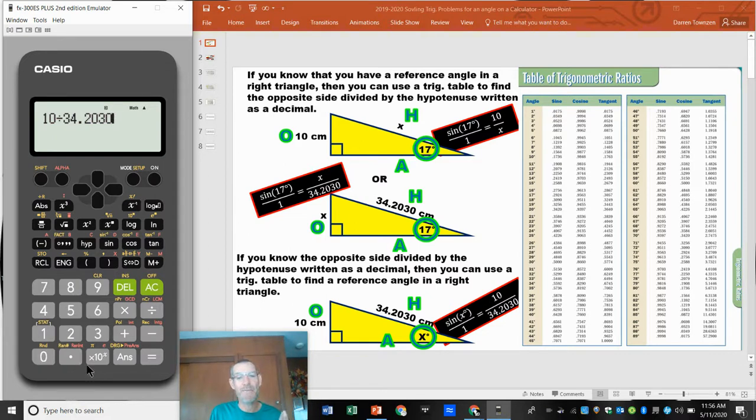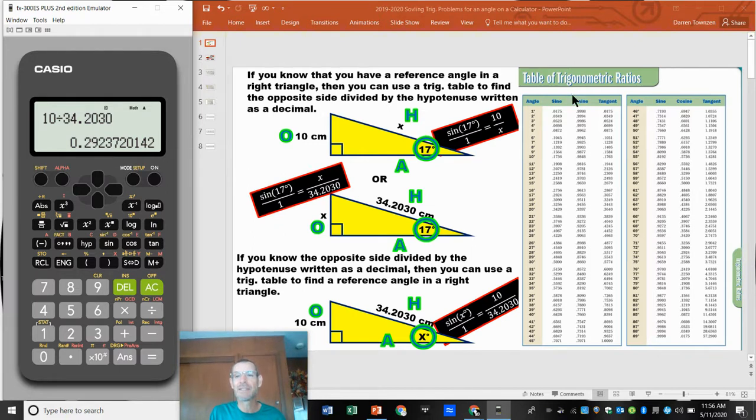And when I change that fraction, 10 over 34.2030, into a decimal, the decimal is 0.2924 if I round it off.